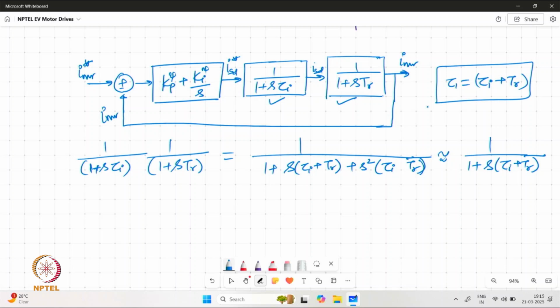That's an effective pole being generated by these two first order systems.